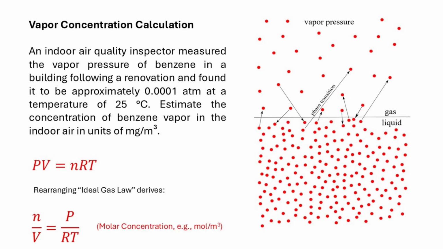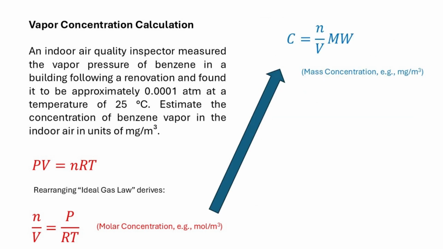A typical unit for molar concentration could be mole per cubic meter. It is well known that molar concentration can be used to find mass concentration simply by multiplying the molar concentration by the molecular weight of this compound. We'll see the unit can be changed from moles per cubic meter into milligrams per cubic meter.